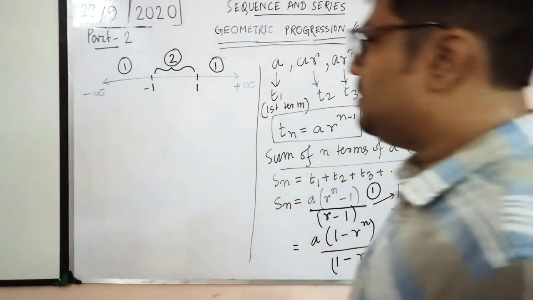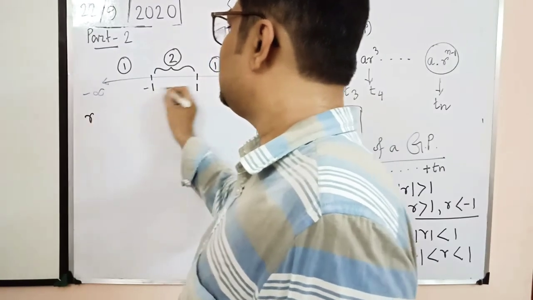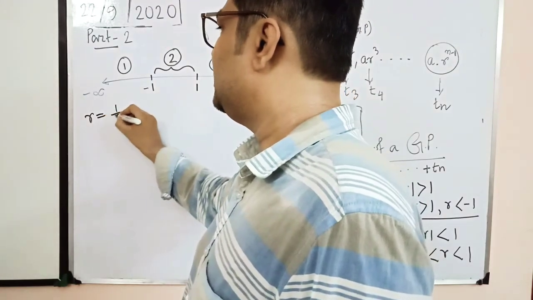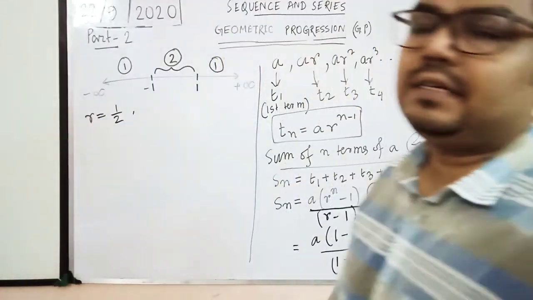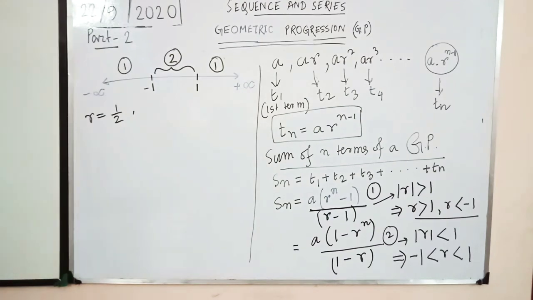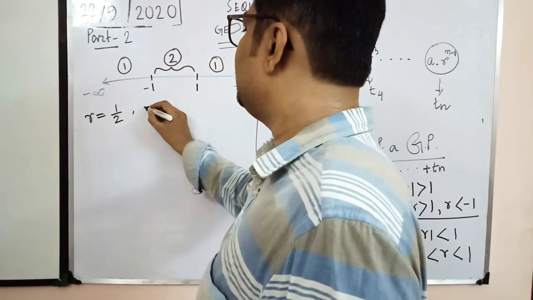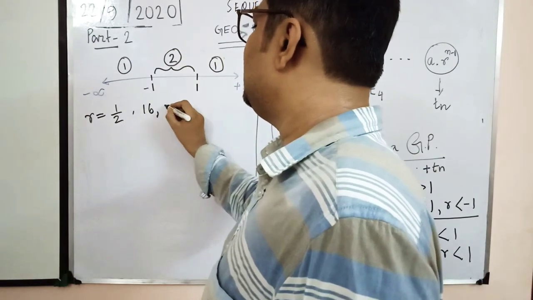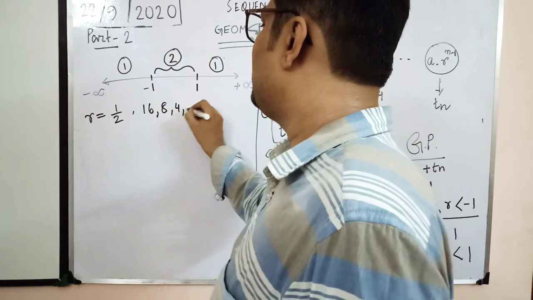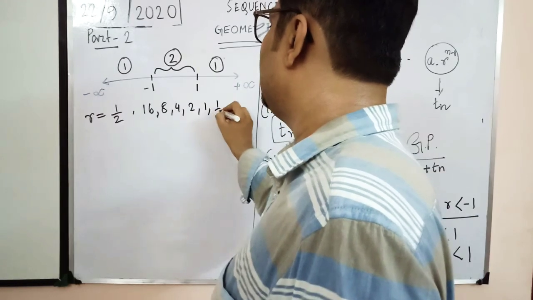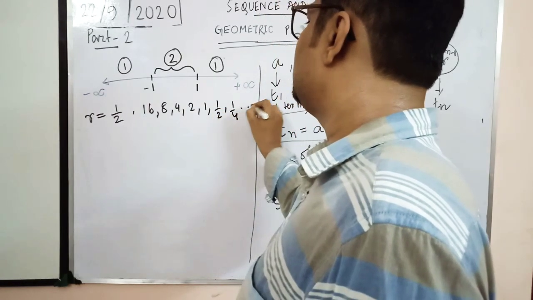I'll give you an example when r is between this, say r is equal to half. You get the series like this. Say the first term is 16, then 8, then 4, 2, 1, half, 1/4, and so on.